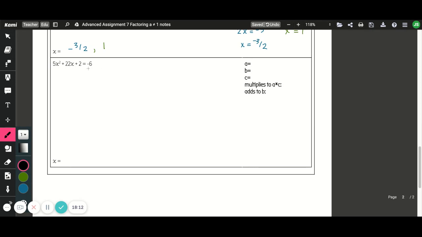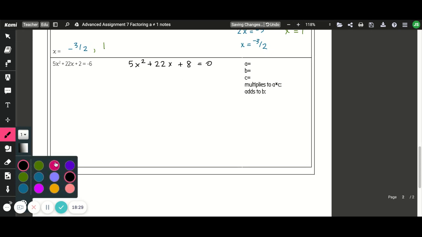So again, it is in standard form in the sense that they're in order, but it's not equal to 0. So I'm going to move this 6 over. So my A is 5, B is 22, and C is 8.